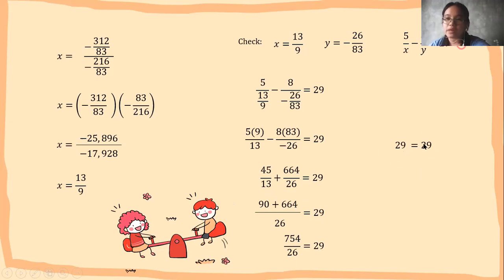So if they are the same, it means that our solution and equations are true. And it is a consistent system. It has at least one solution. It is independent equations.